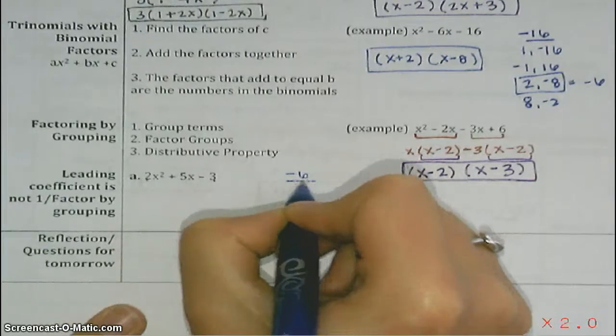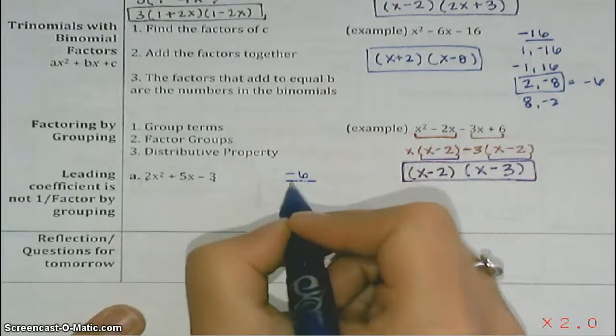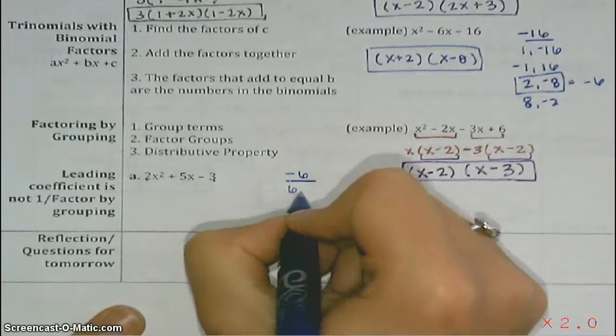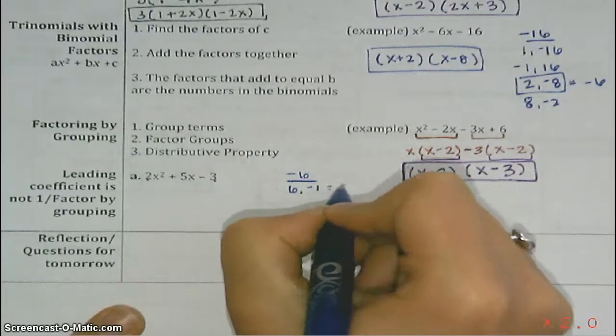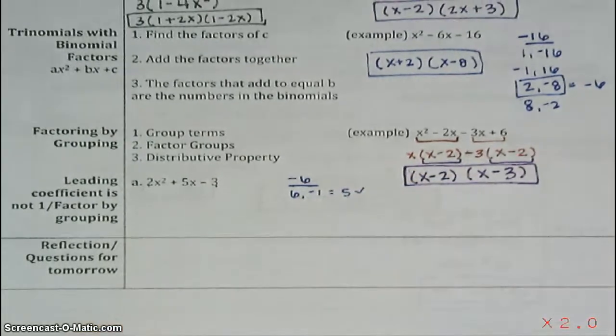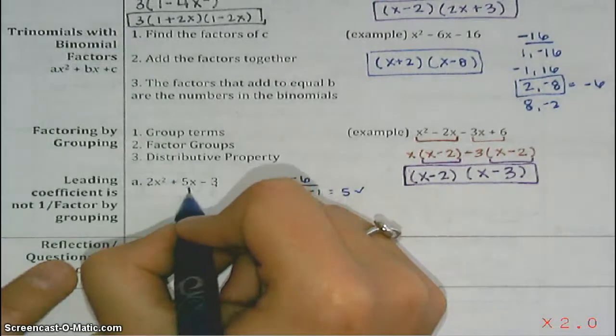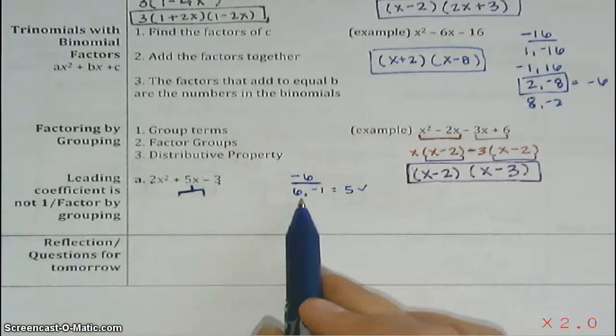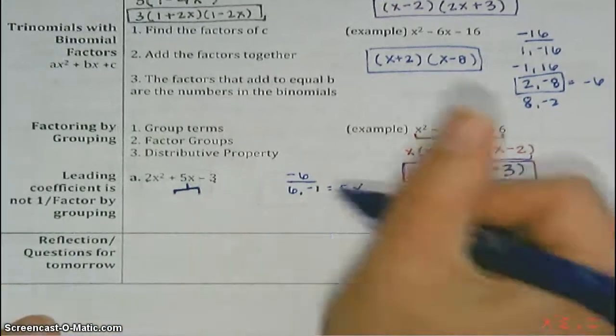And then do the same idea. What are the factors of negative 6 that are going to add to get to 5? Well, 6 and negative 1. If you add those together, you're going to get 5, right? So what we're going to do, or what you can do, is split this apart, this 5x, so that it's written as 6x minus 1x.